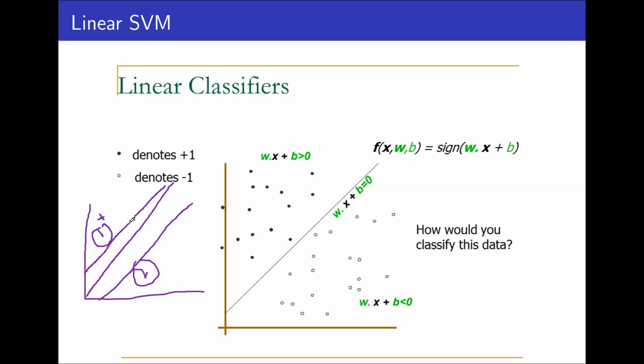So how much wider can this distance be made? This is the technique. Means the wider it is, the better we can classify. So sometimes it is also called the widest street approach.